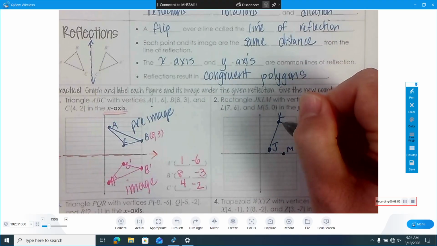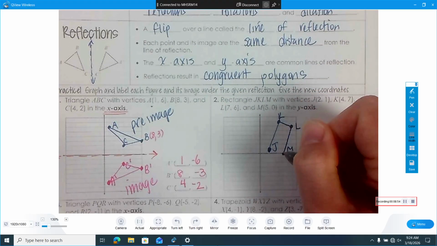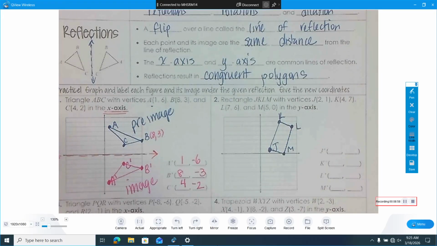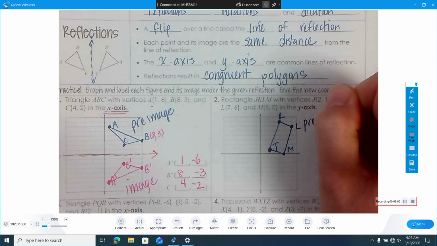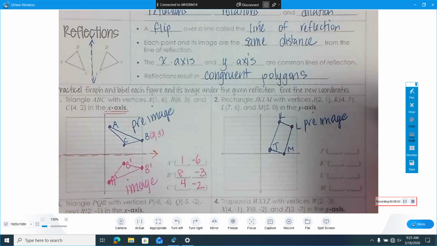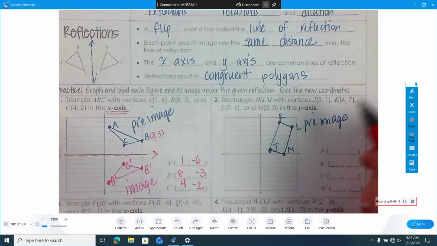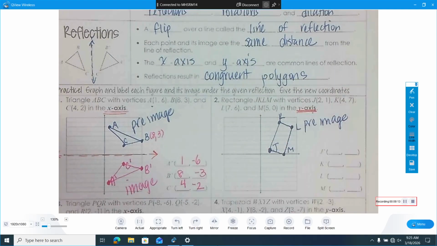What is the blue stuff called? This is called the pre-image. Okay. So this is the pre-image. And this figure is being reflected over the y-axis.